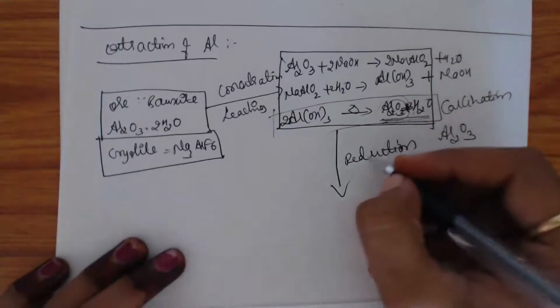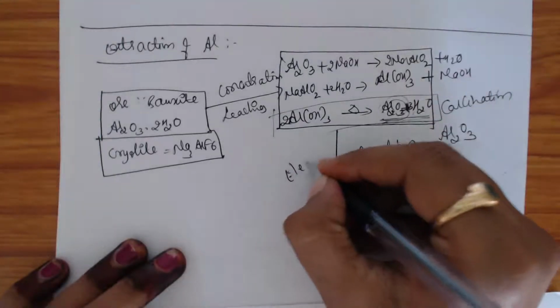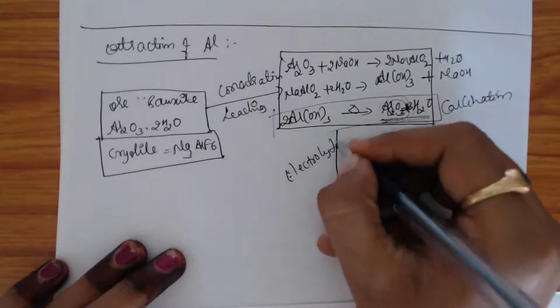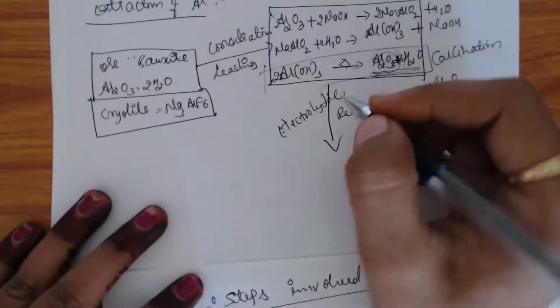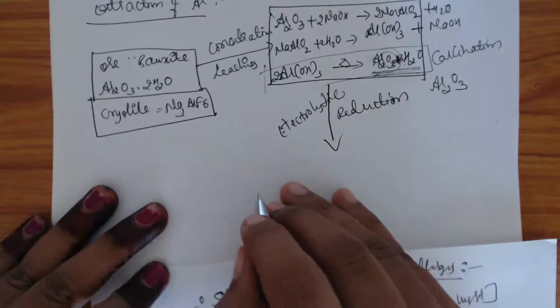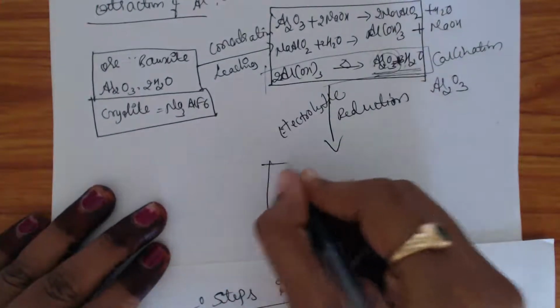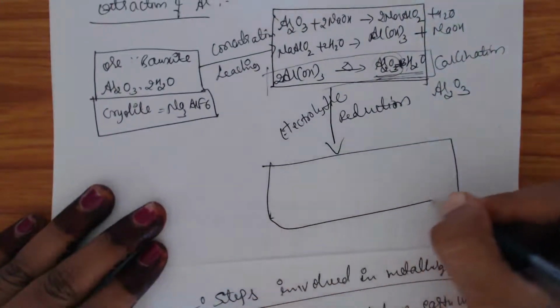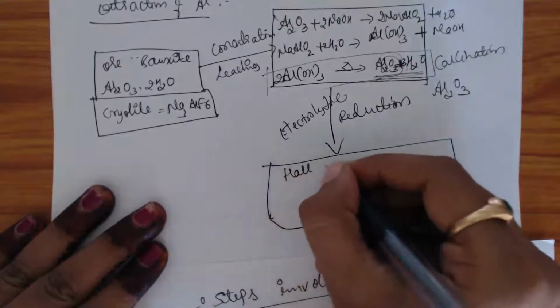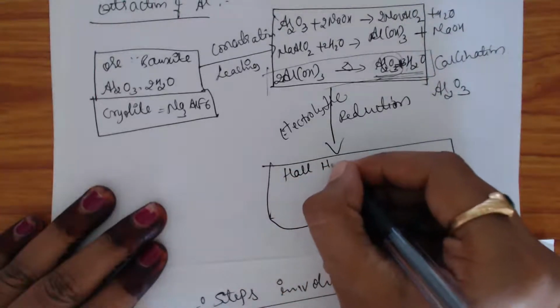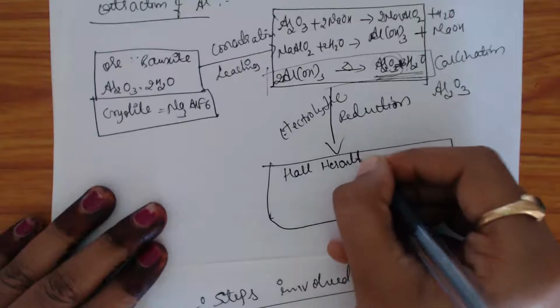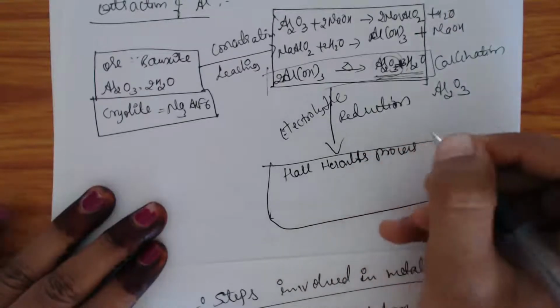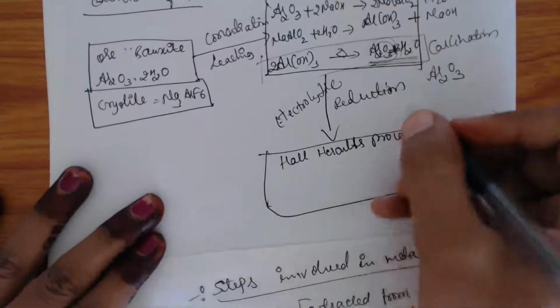This aluminium oxide is subjected to reduction. Which type of reduction? Electrolytic reduction. How does it take place? This process is called the Hall-Heroult process.